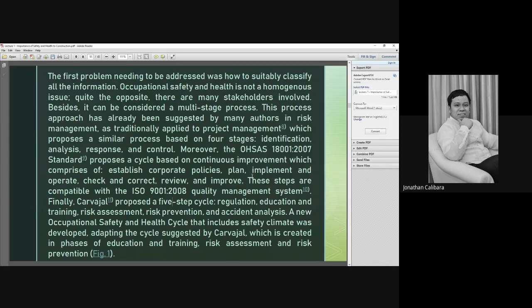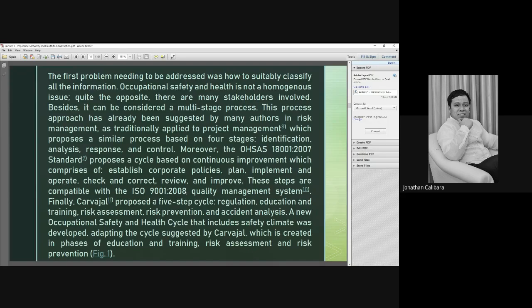The process of having this safety will give a good result of fewer accidents. An example is the quality management system, ISO, the international standard. This has something to do with how we will be able to protect the people from working.